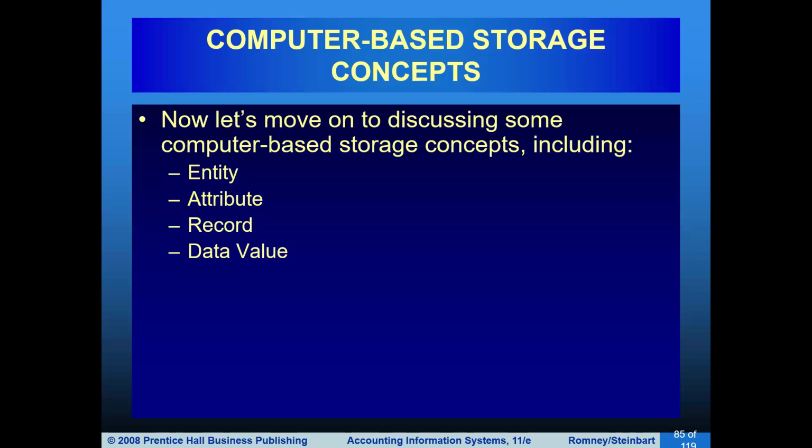We are not going to identify it the same as the manual way. In the computer system, we have a different mechanism to understand. What is it? I will talk to you now. Let us move to discussing some computer-based storage concepts.